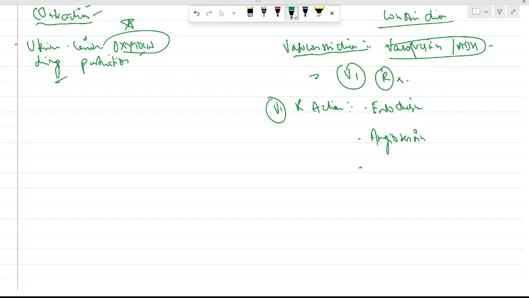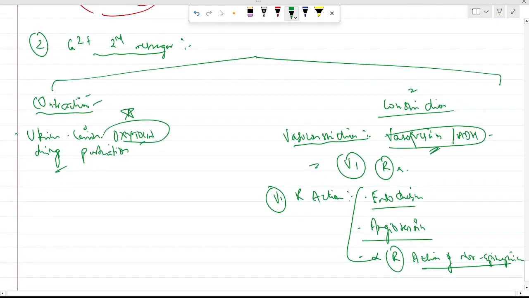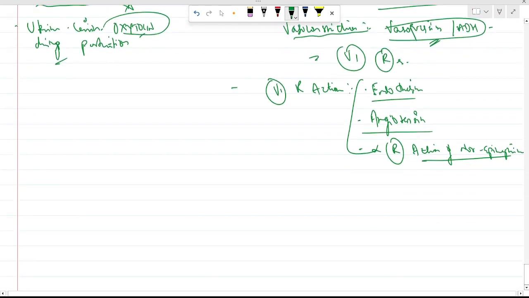Third is this alpha receptor action of norepinephrine. Alpha receptor action of norepinephrine, angiotensin and endothelins. These are some of the powerful vasoconstrictors you've seen. Also, action of vasopressin or antidiuretic hormone, this V1 receptor. You've seen two actions of calcium, contraction and constriction, where they act through which hormones.